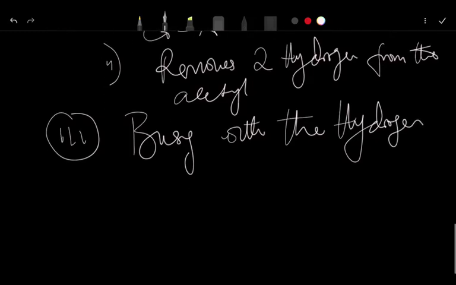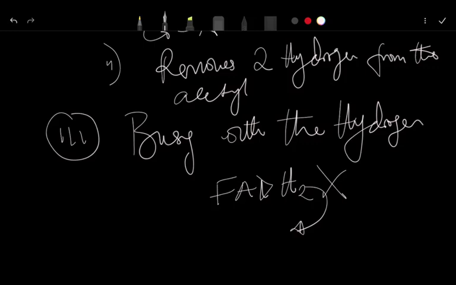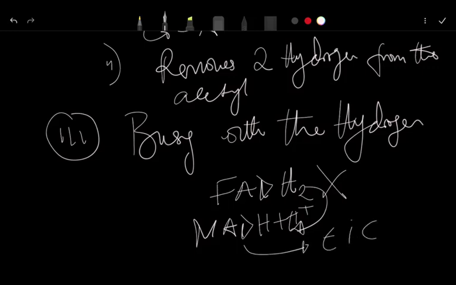Which coenzyme first took the hydrogen? FAD, right? So FAD first took the hydrogen, so we now form FADH2, right? But FADH2 was not able to go to the electron transport chain, so it transferred that 2 hydrogen to NAD. We now form NADH plus H. This is how it is written. Then this one will now go to the electron transport chain. Are you there with me?